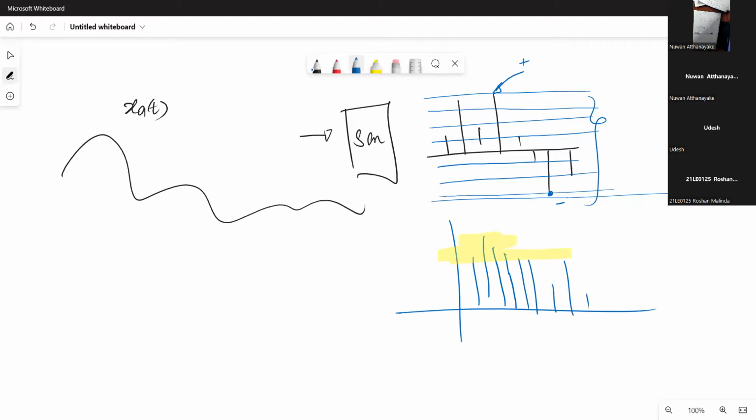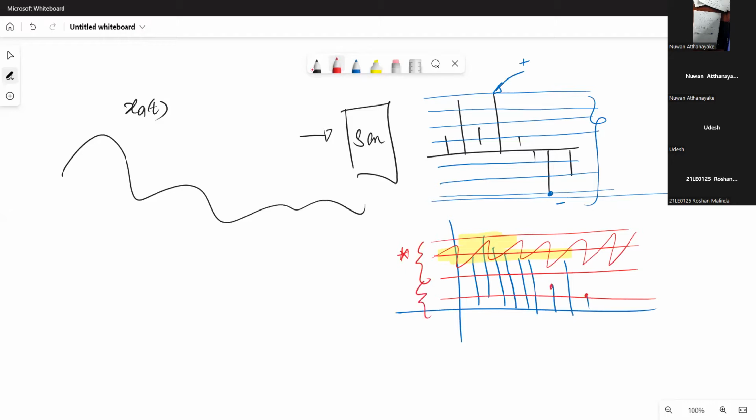Then we don't need a linear quantizer, which means we don't need to split this entire span into equal spaces, because very few samples are lying in this region, and most of the samples are in this region. So we can have a nonlinear quantizer where we have higher precision in this region and lower precision in this region.